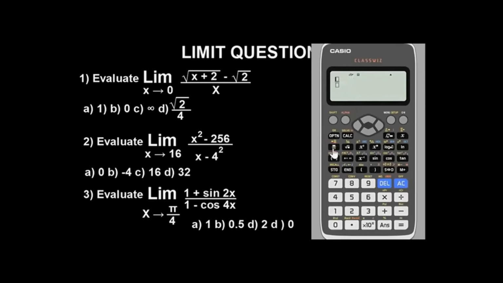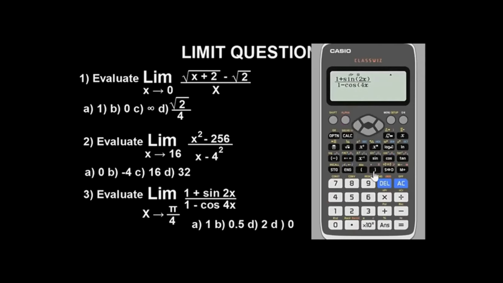It is a fraction, so we have 1 plus sine 2 alpha x, very simple guys, over 1 minus cos 4 alpha x.